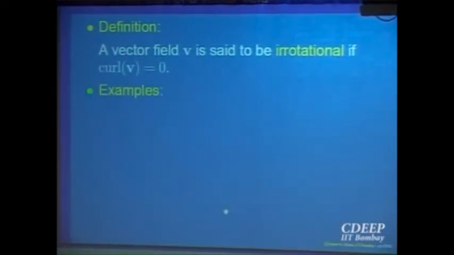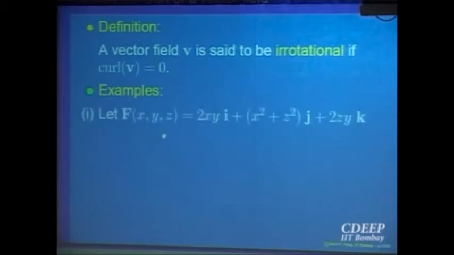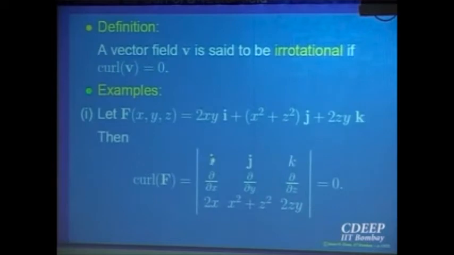So let us look at some examples to illustrate this point. Let us look at a vector field F(x,y,z), which is given by 2xy i plus (x square plus z square) j plus 2zy k. So this is f1, this is f2, this is f3. So what will be the curl of this? To compute the curl of this vector field, we write down the determinant. So curl of the vector field will be equal to i, j and k.